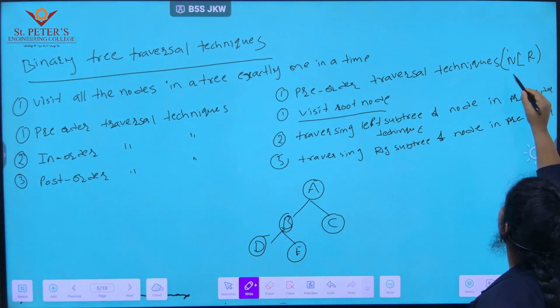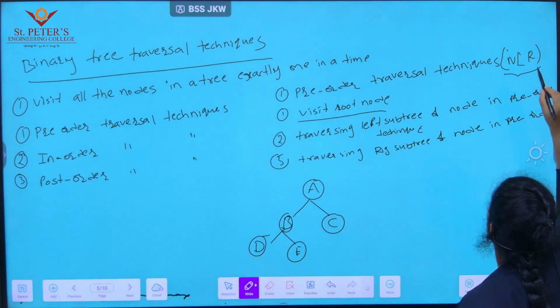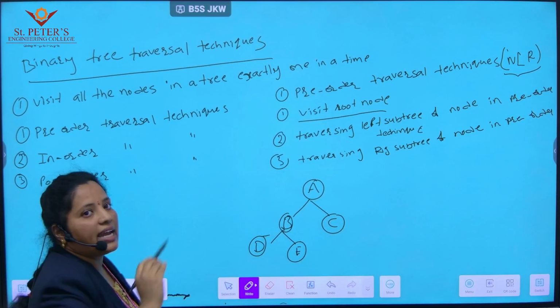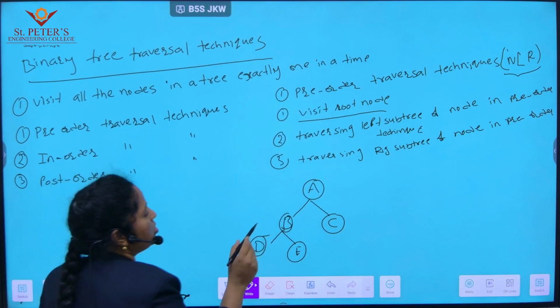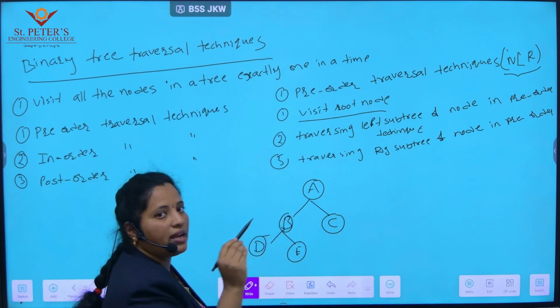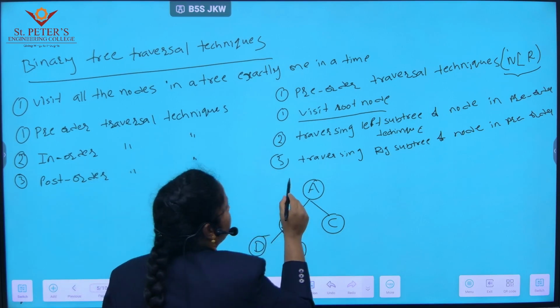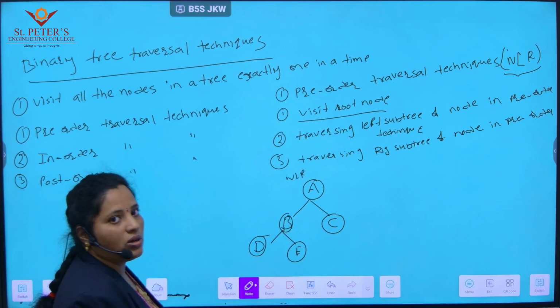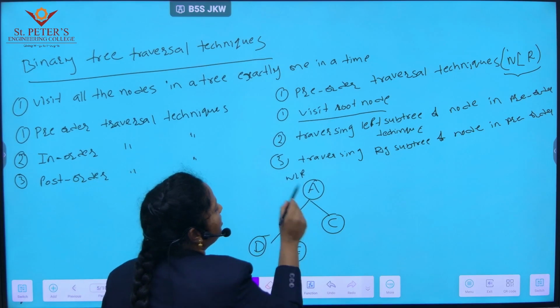So these three steps we have to apply on each and every node in a tree diagram. First we apply on the root node, NLR.